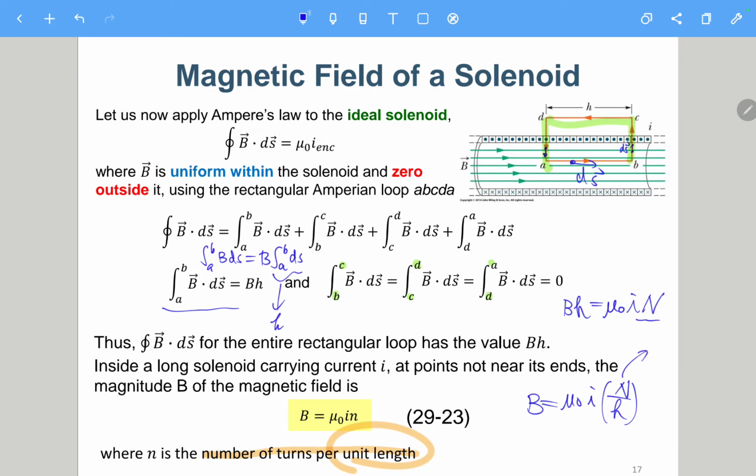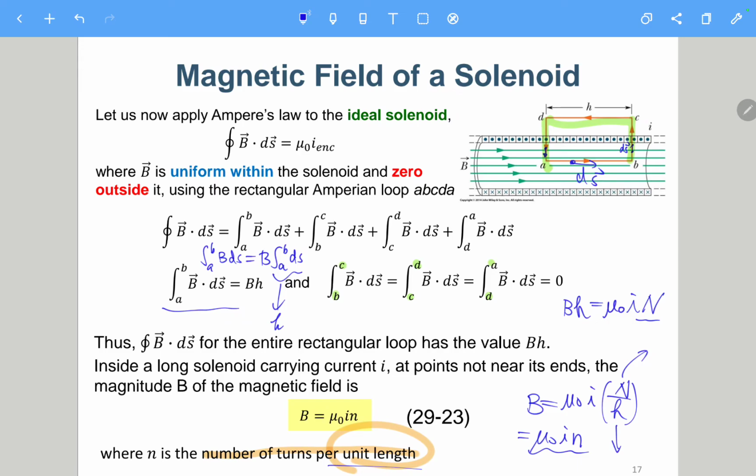N is the number of turns, this is the length, which means this is actually mu 0 times I times small n. So this is the number of turns per unit length, or number of turns per meter for the SI unit. So here we have B equals mu 0 I n for the B field inside the solenoid.